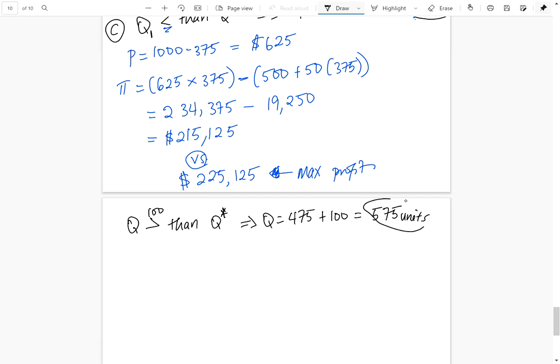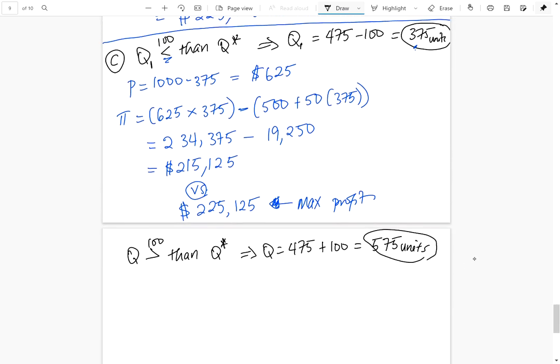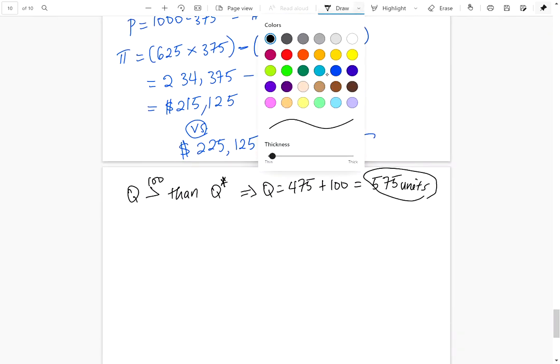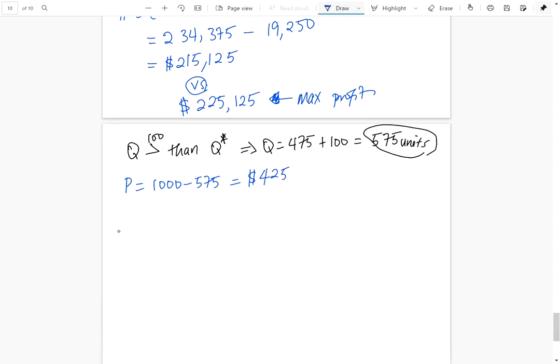Again, we need to figure out the price that they can charge for this in the market. To do that, we just plug that into that demand function. So we have P will be equal to 1,000 minus 575 units, which gives us a price of $425.